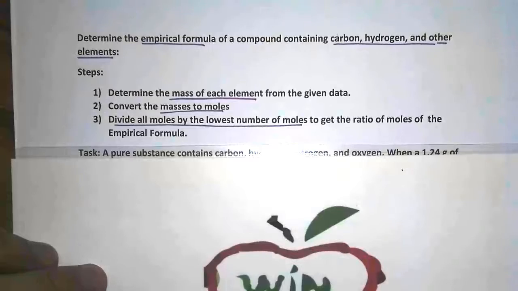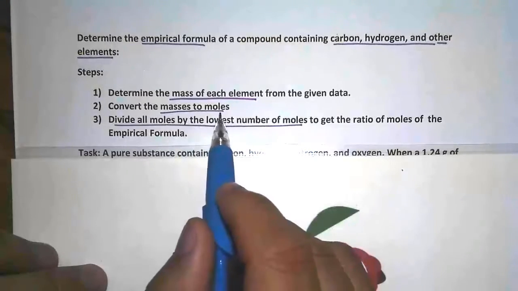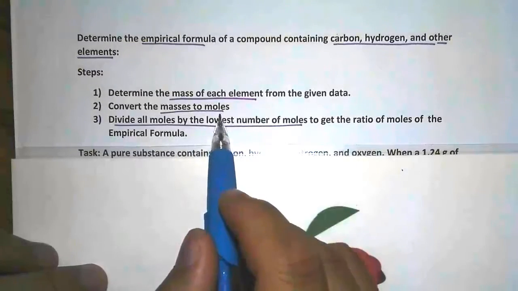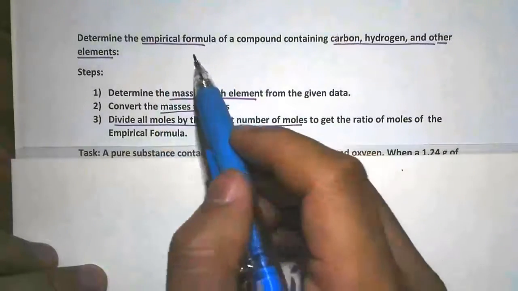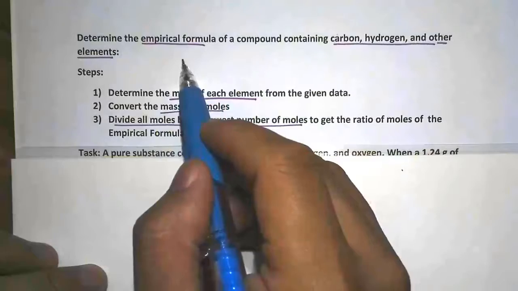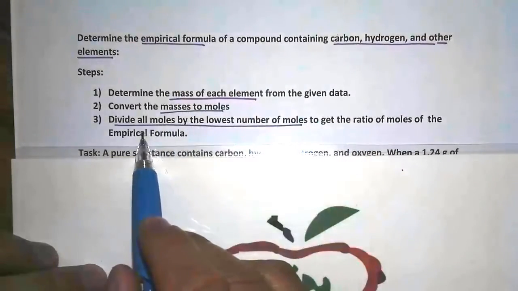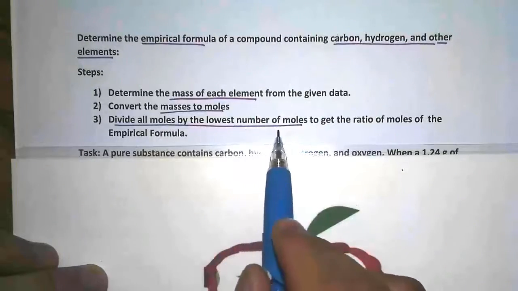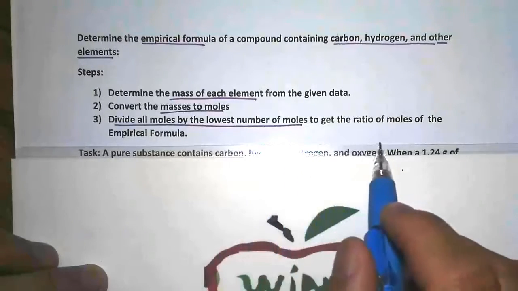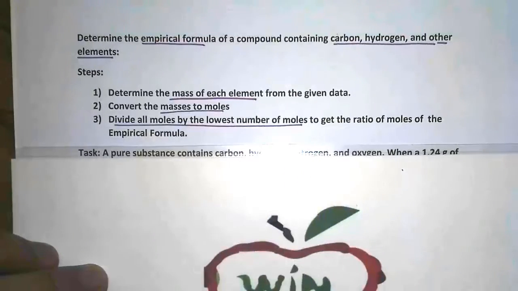And once you have your masses, you can convert the masses to moles, because empirical formula is about finding the mole ratios relative to the lowest number of moles. So of course, step 3 is to divide all the moles by the lowest number of moles to get the ratios of moles of the empirical formula.